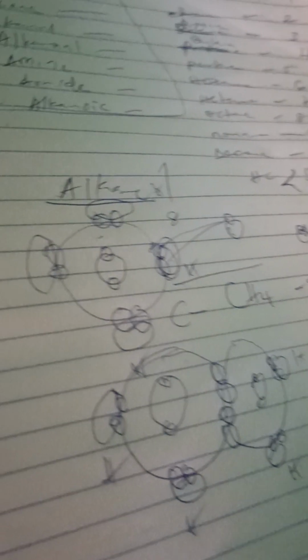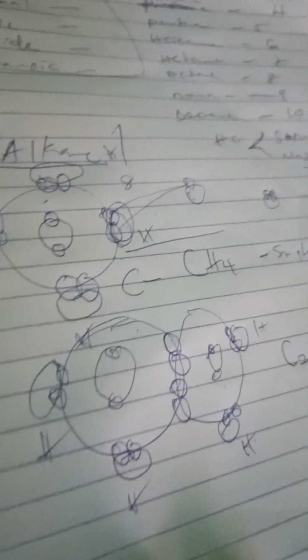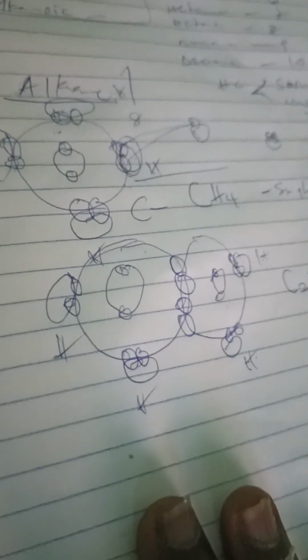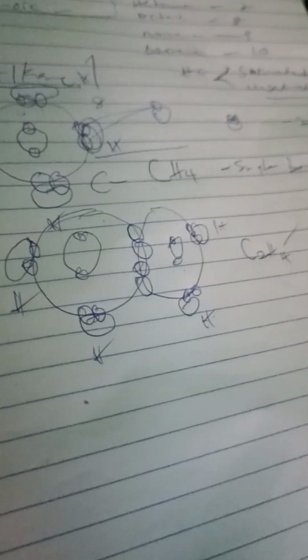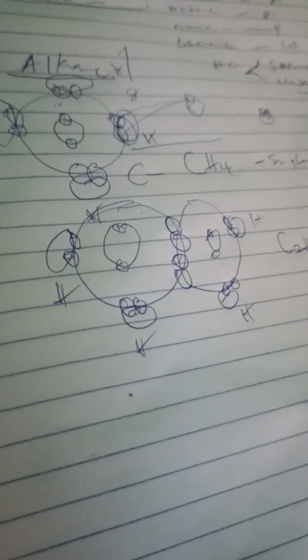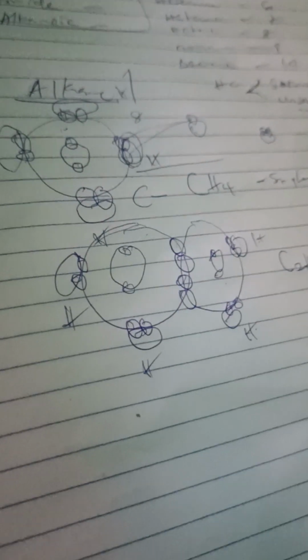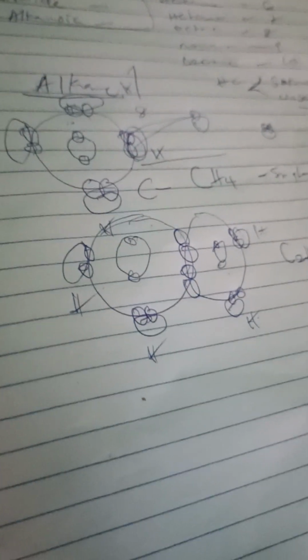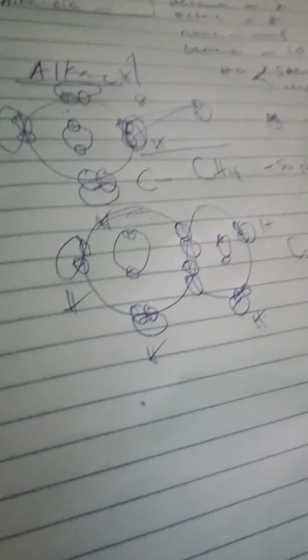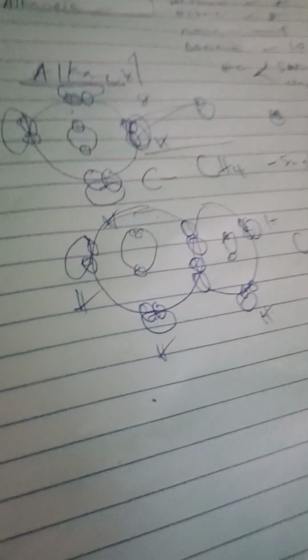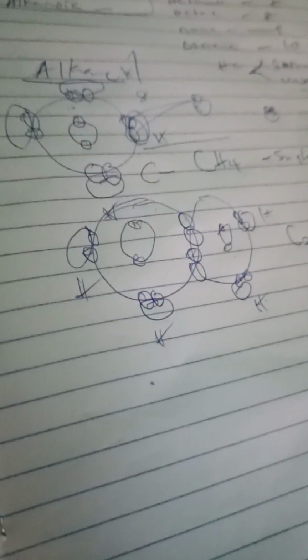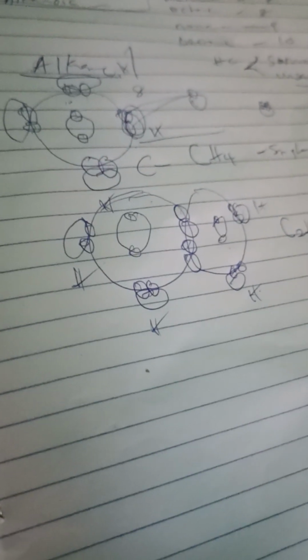This is just a general overview of the bonding that exists in the carbon atom and why it is necessary to bond. Now I explain again. It is necessary to bond for carbon to be stable. Carbon can easily form a covalent bond. This is covalent bond, not ionic. Carbon can easily form covalent bond between hydrogen and carbon atom.